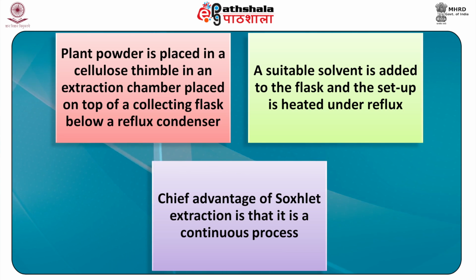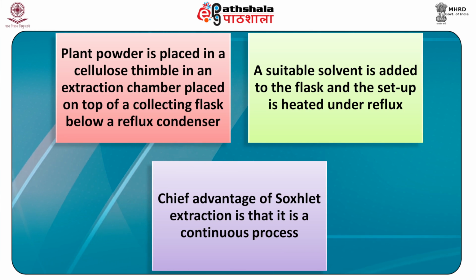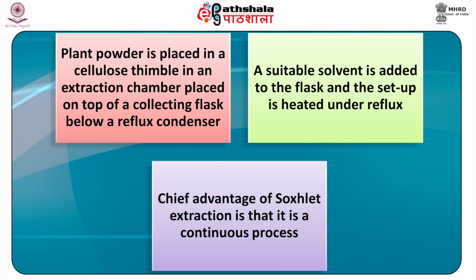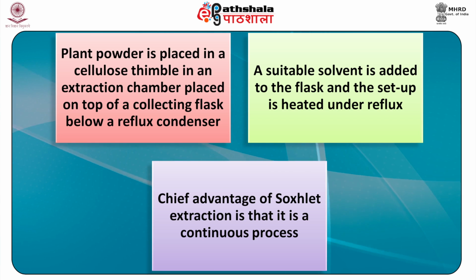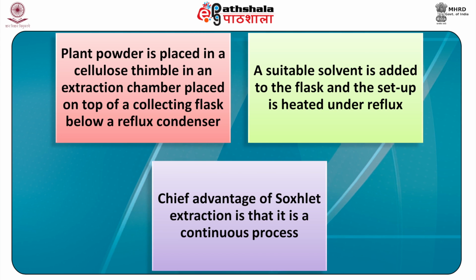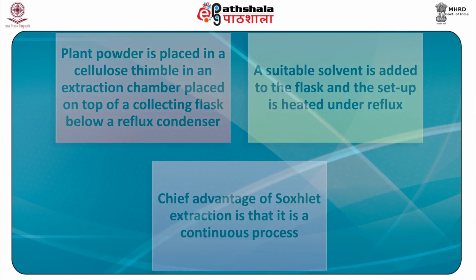A suitable solvent is then added to the flask and the setup is heated under reflux. When a certain level of condensed solvent has accumulated in the chamber, it is siphoned into the flask below. The chief advantage of Soxhlet extraction is that it is a continuous process.